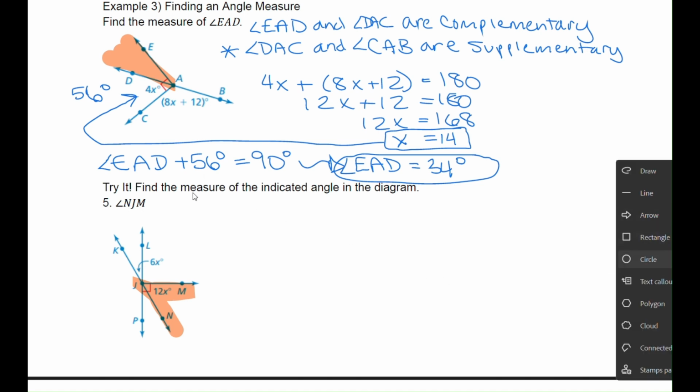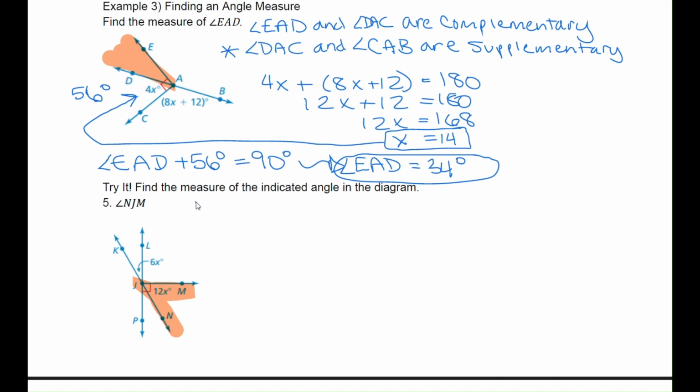Let's see. I have to figure out a game plan here. I know that angle NJM, and I see that red square here, that means 90 degrees. So angle PJN, they are going to be making a 90 degree angle, so they are complementary.